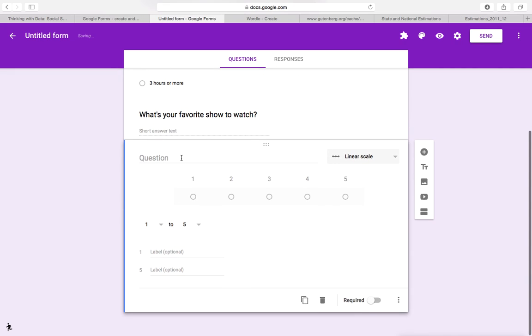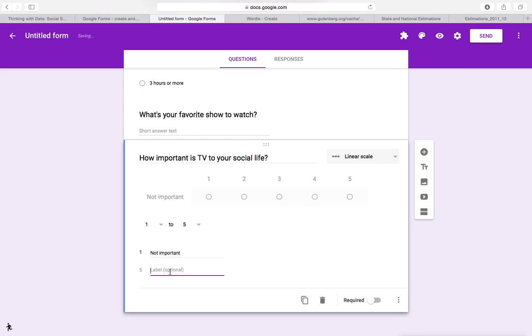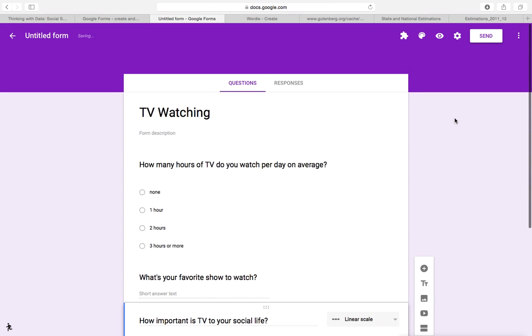A scale here. How important is TV to your social life? 1 being not important to 5 being very important. Okay, and so this is all it takes to make my quiz.